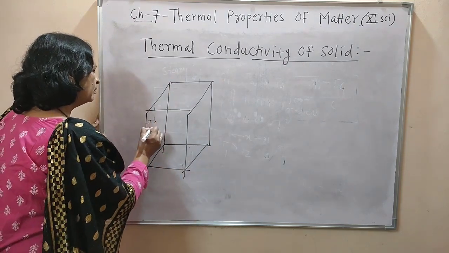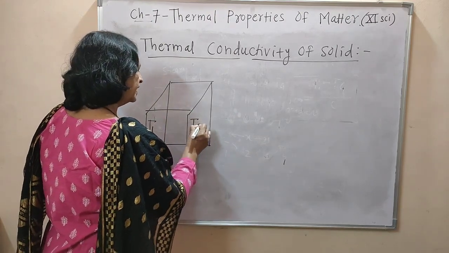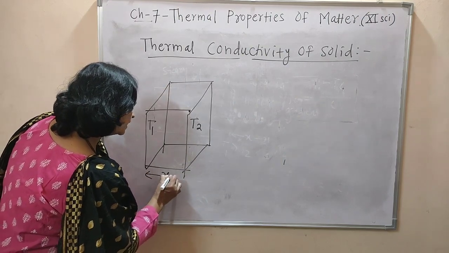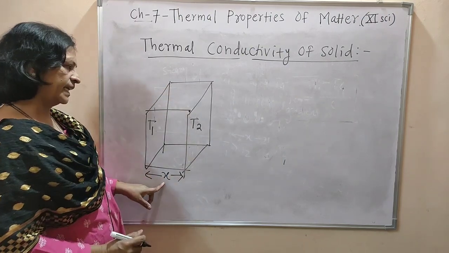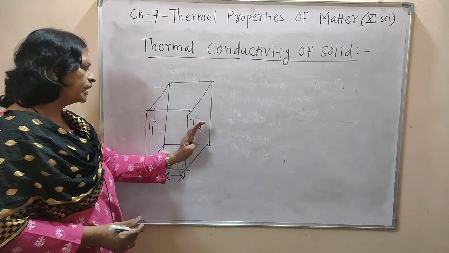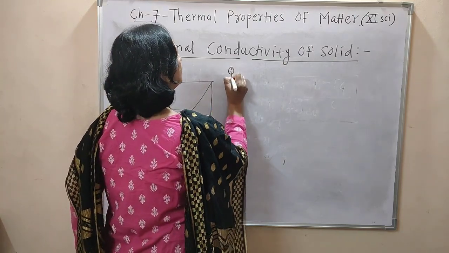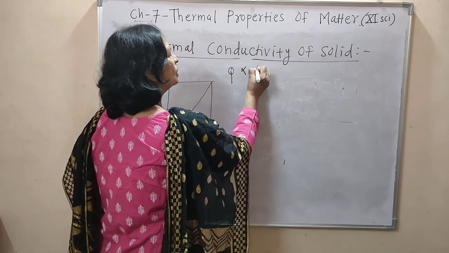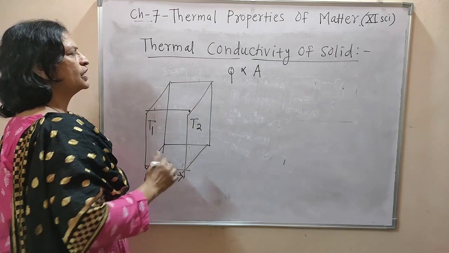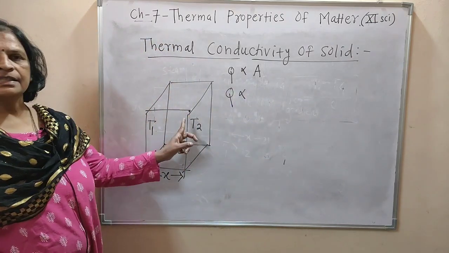The first parallel face has temperature T1, and this face has temperature T2, and these 2 faces are separated by distance x. Now the heat flowing through that slab is directly proportional to the area of cross section. Suppose A is the area of cross section.